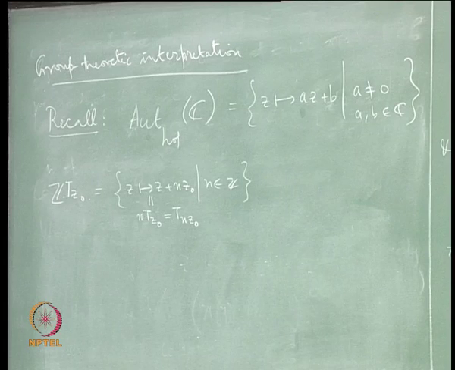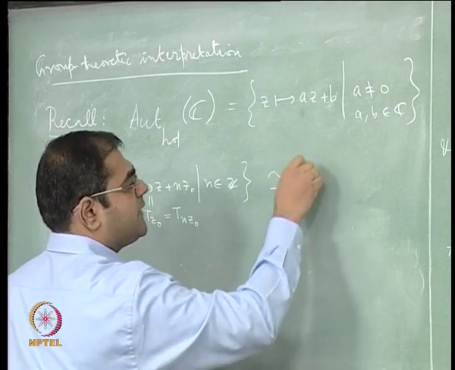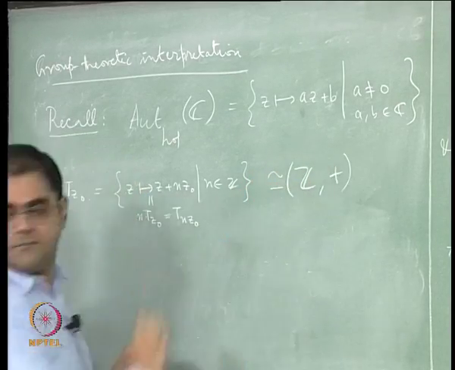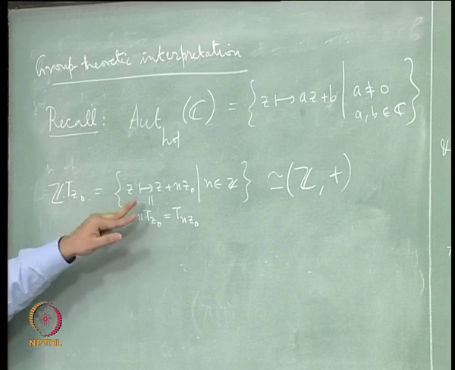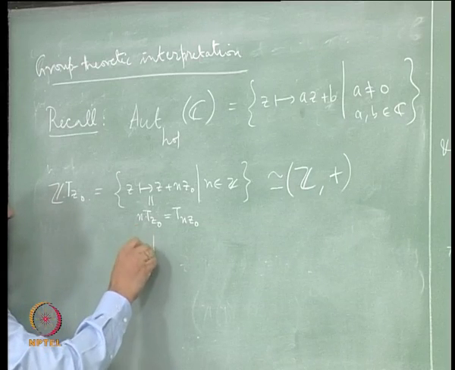Okay, so here is my group, and you can see that this is isomorphic to the group of integers under addition. After all, two translations, when you compose them, so here you see this is a group under composition.